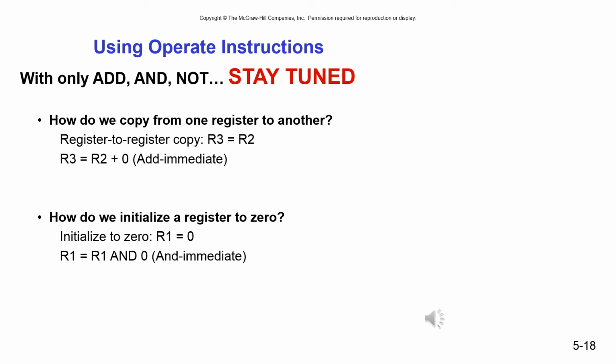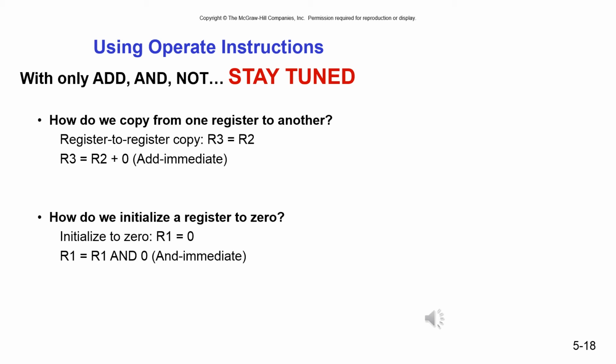How do we copy a value from one register to another? In other words, how do we assign the value in R2 to R3? We simply use add with the immediate mode, and we add R2 plus 0, and the destination register becomes R3, and in fact we've moved R2 to R3. How do we initialize a register to 0?